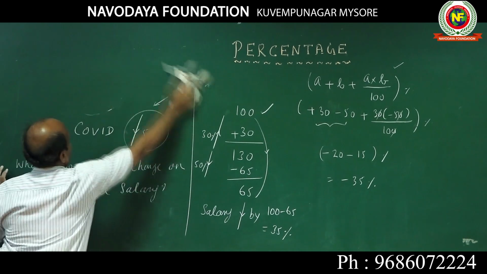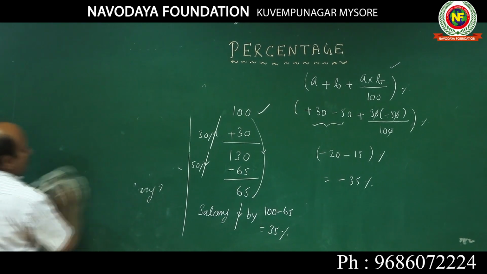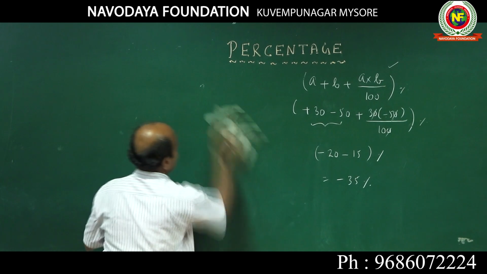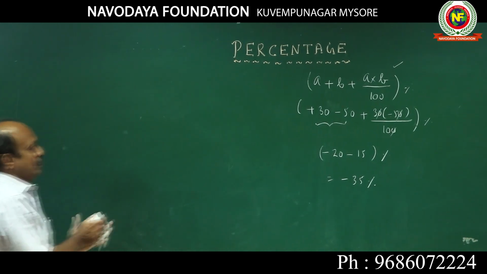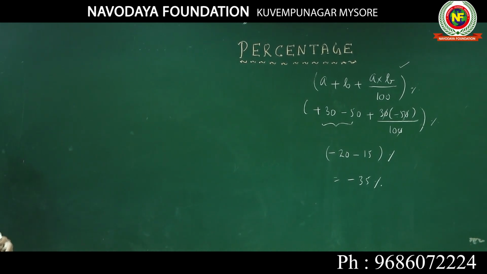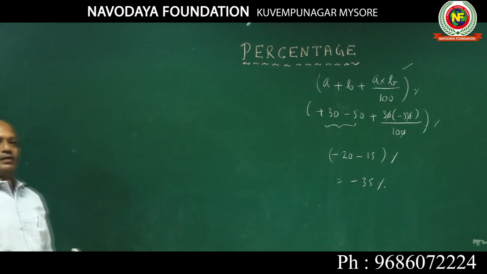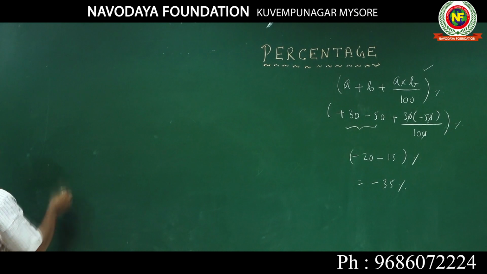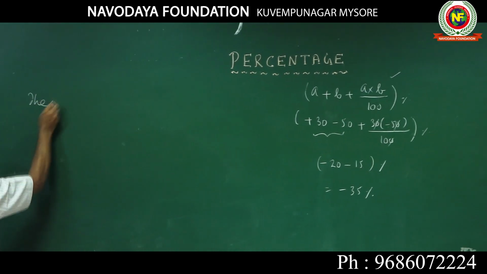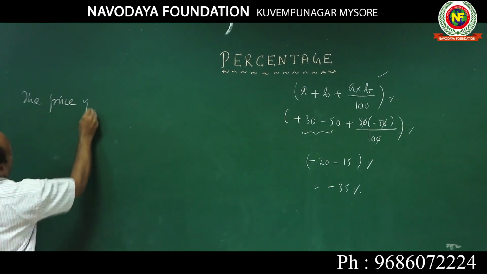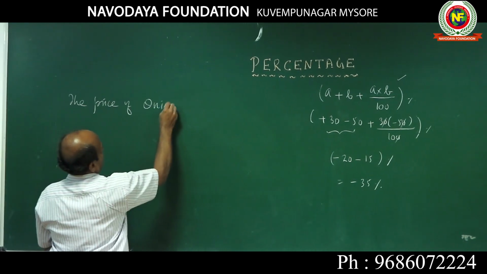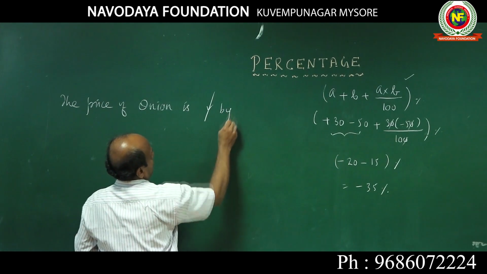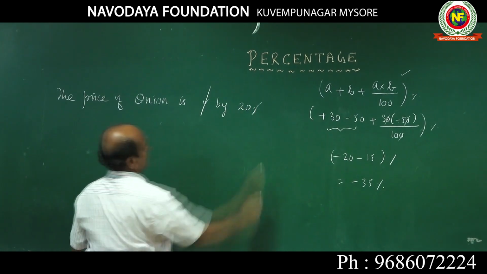Next up, another problem, let us see. Based on this, you are all hearing the news. Due to overproduction of oil, right? The price of oil, petrol, diesel has been reduced. The same trend, we will just take it. The price of onion is decreased by 20%.